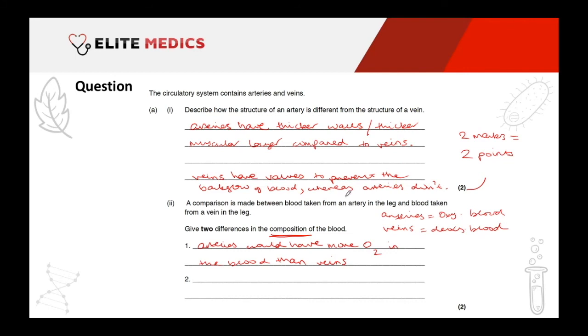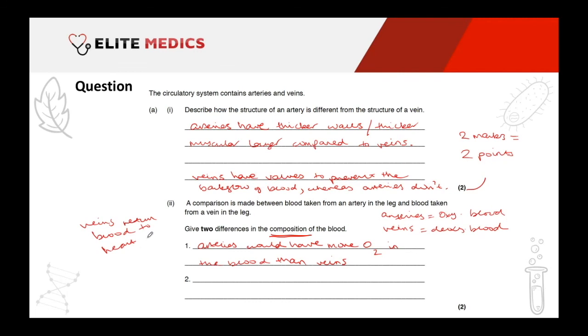Okay, so again, you've got to think of something that would be exclusive to veins that you wouldn't find in arteries. So remember, veins return blood to the heart. And so it's being deoxygenated. So what else does it have in that deoxygenated blood? So remember I told you that the whole idea of blood is to act as an exchange. So you have blood that's being taken from the heart to the body where oxygen is given to the cells.